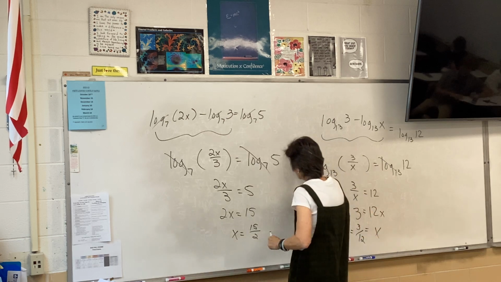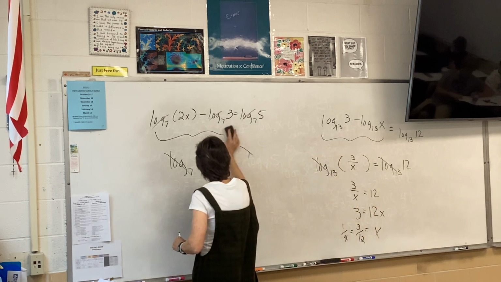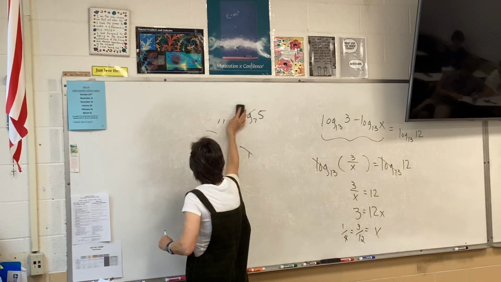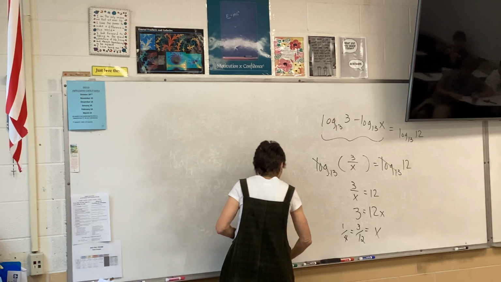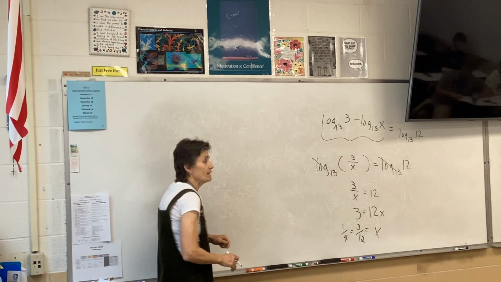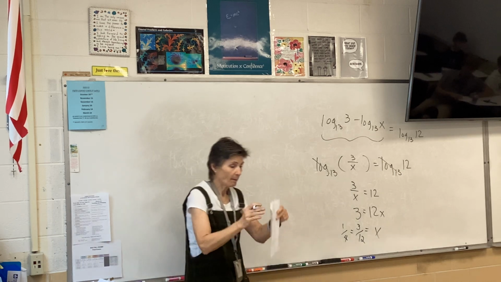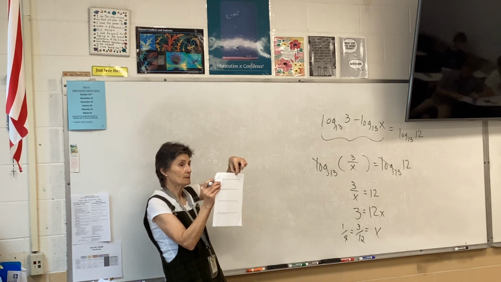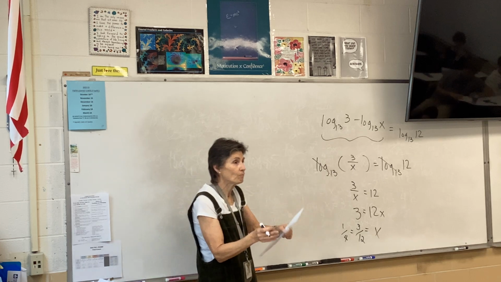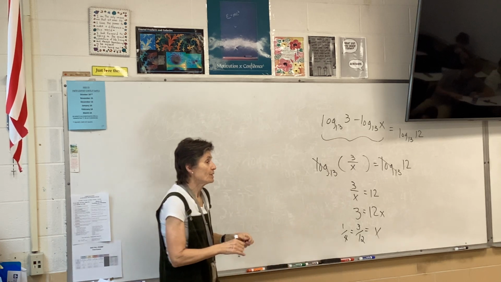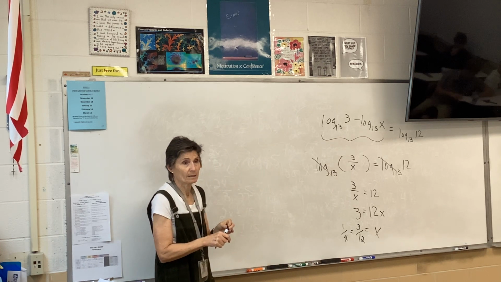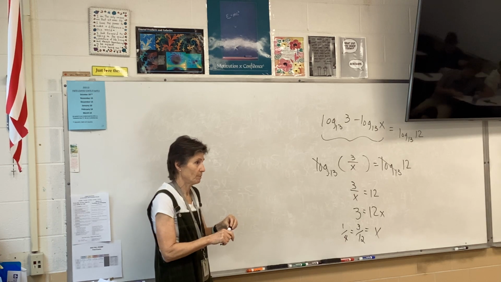Now, we're going to spend some time with some word problems. Okay? I need you in your notes, up at the top here, to write down 2 formulas. We're going to use these two formulas to do all of our problems.